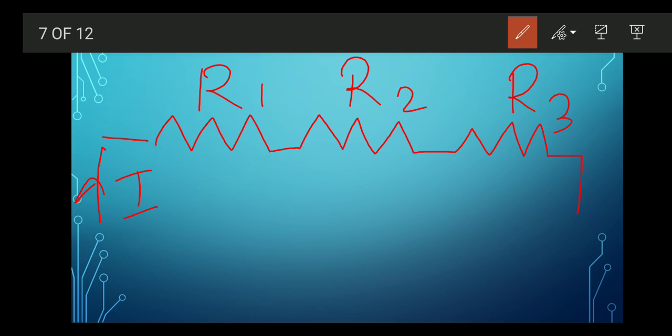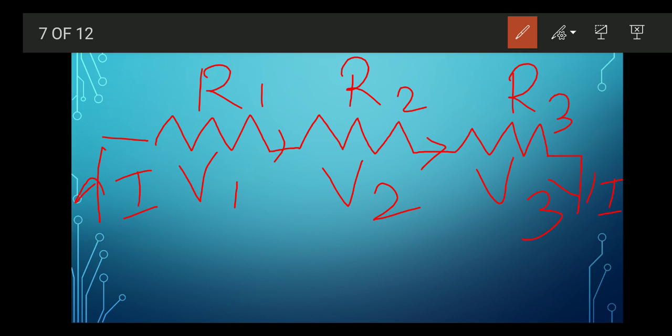Now the same current I will flow through the three resistors. Now we know the potential difference across the resistors is not the same. So across resistor R1 we have potential difference V1, across resistor R2 we have V2, and potential difference across resistor R3 is V3.